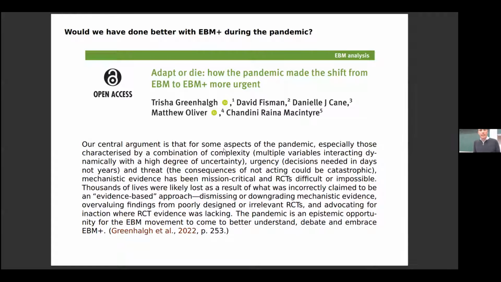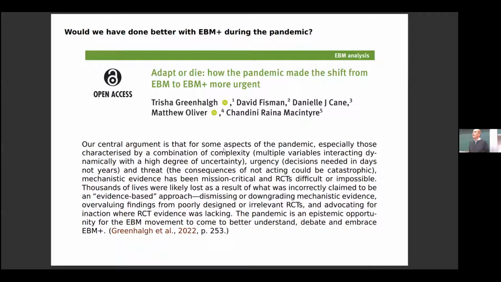Thousands of lives were likely lost as a result of what was incorrectly claimed to be an evidence-based approach, dismissing or downgrading mechanistic evidence, overvaluing findings from poorly designed or irrelevant RCTs, and advocating for inaction where RCT evidence was lacking. The pandemic is an epistemic opportunity for the EBM movement to come to better understand, debate, and embrace EBM+.